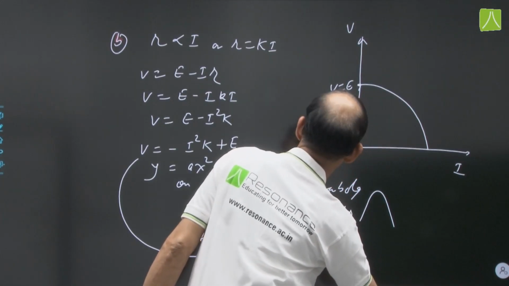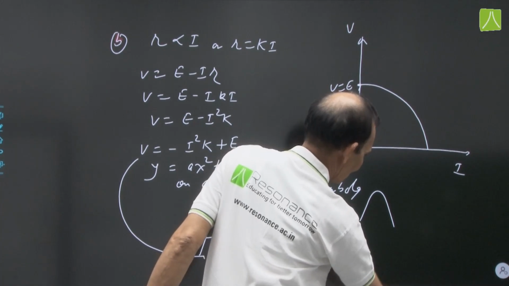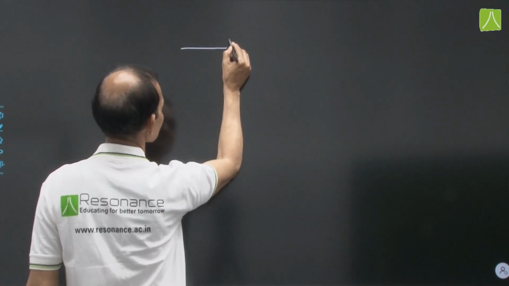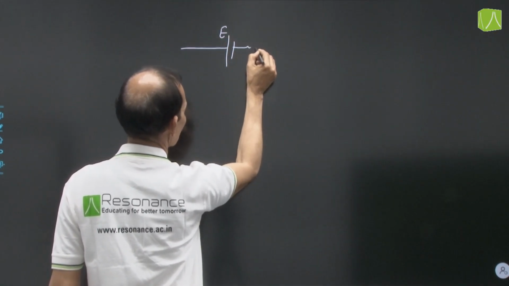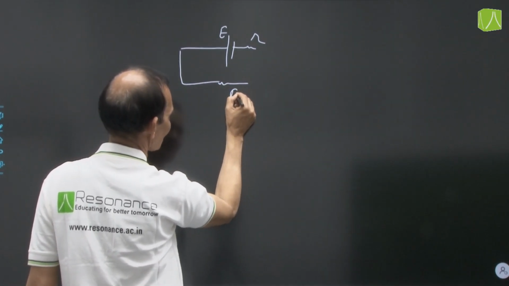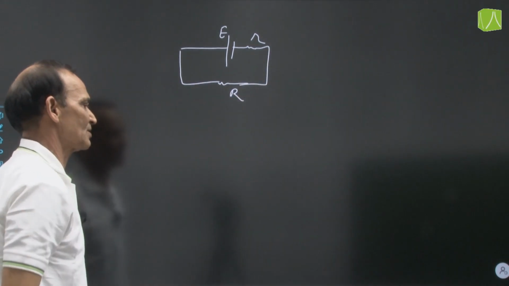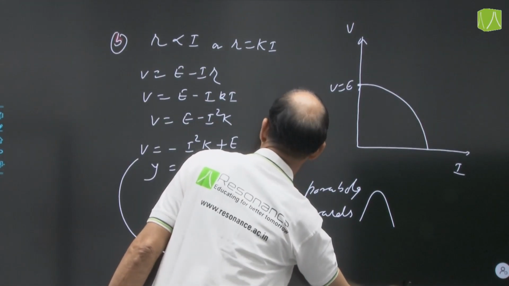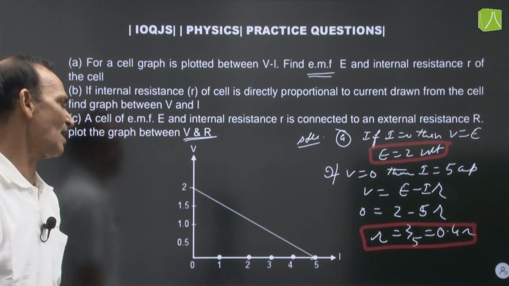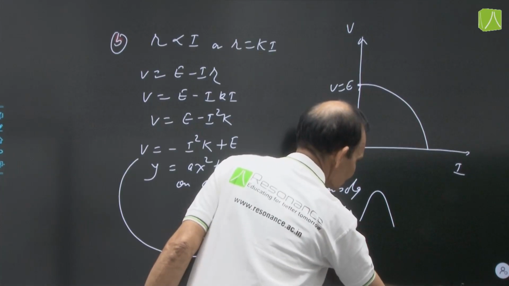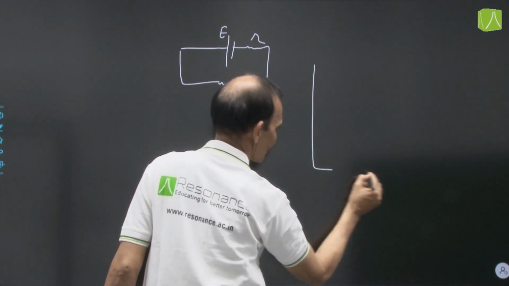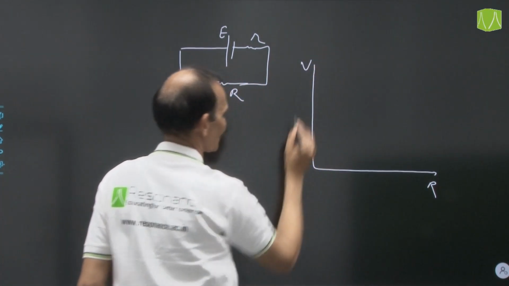Now the question is 18. Suppose it is a cell of EMF E, internal resistance small r, and external resistance capital R. We have to plot the graph between V and R. Remember, it is between V and R. How will we plot?